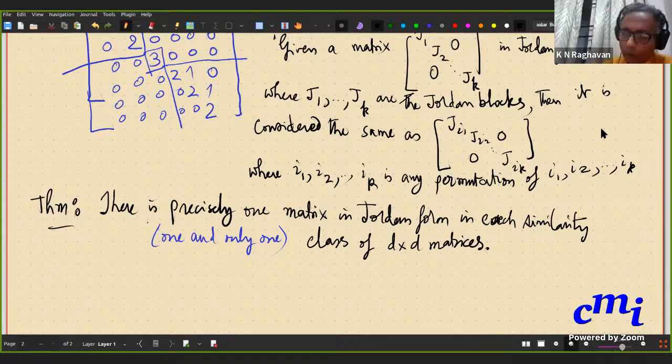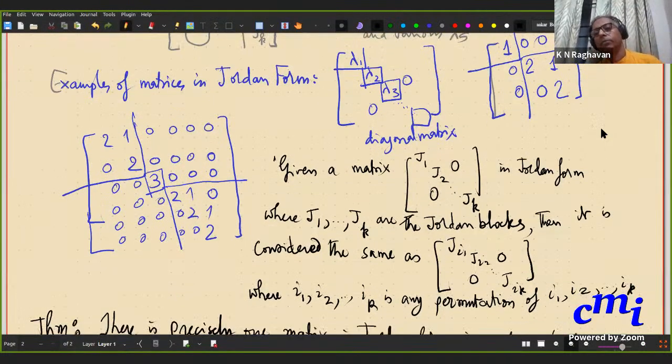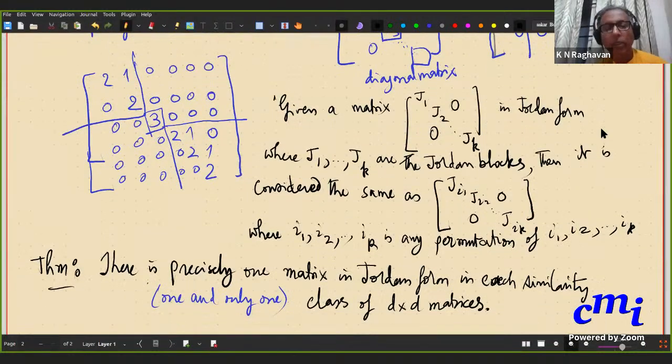Well, it's not so hard to prove, but the point is, the answer is yes, because look at the Jordan form. It's an upper triangular matrix, right? If I know this theorem, it contains as a special case that theorem. That's the point I was trying to make.